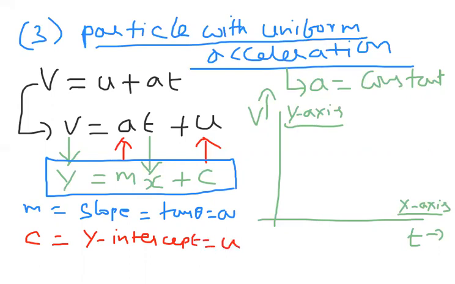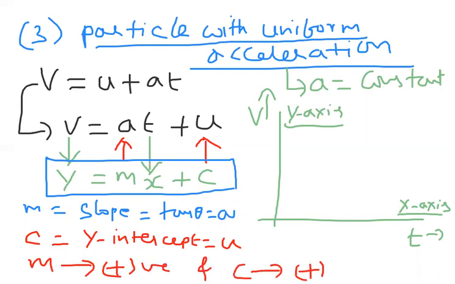So what type of graph will we get? Slope is positive, meaning m is positive, and the y-intercept is also positive. Both are positive.